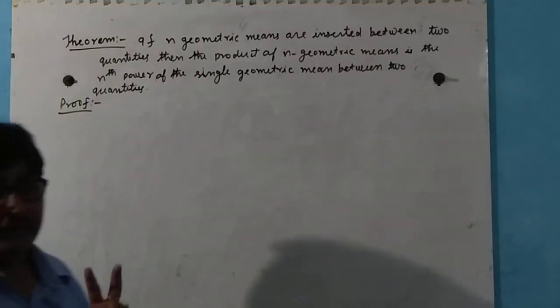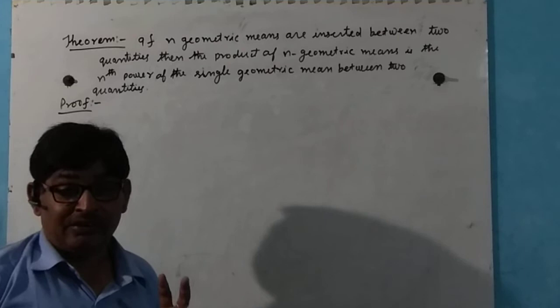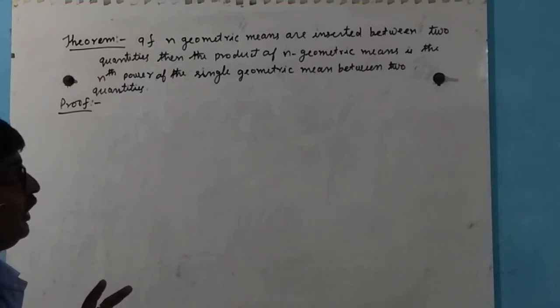It means that we have two quantities A and B, and there exist n geometric means G1, G2, G3.